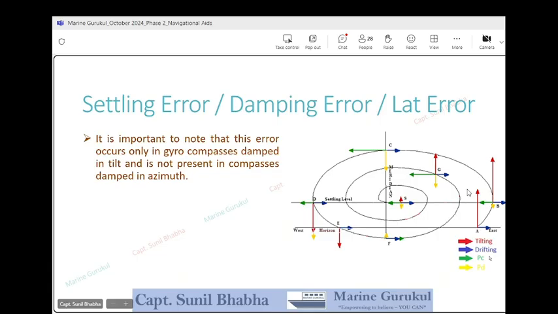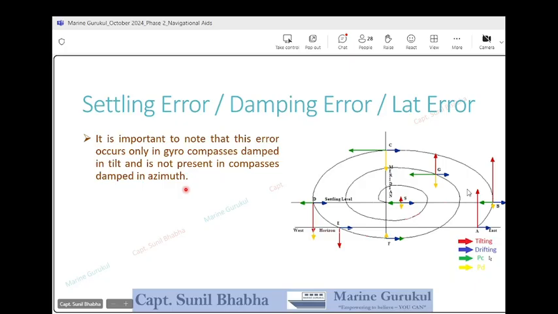Now, one important thing to understand and keep in mind is that this particular error, that is the settling error or damping error or latitude error, occurs only in the gyro compasses which are damped in tilt. We had seen that there are two types of damping which are possible. Either the compass can be damped in tilt or the compass can be damped in azimuth. Now this error is not present in compasses which are damped in azimuth.